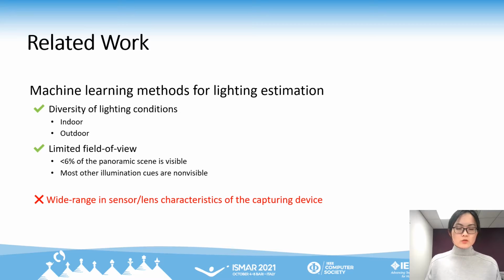Although many neural network structures have been proposed to address various lighting estimation problems, special consideration hasn't been given to the wide range of lighting variations found between the environment and the camera response. As a result, they are not robust to the variations in camera characteristics across different mobile phones.